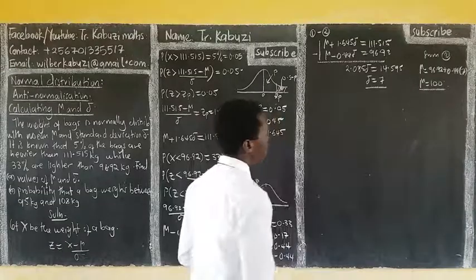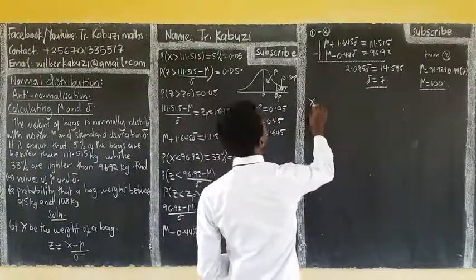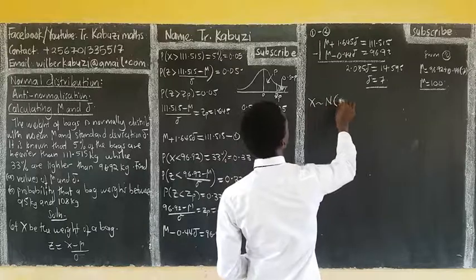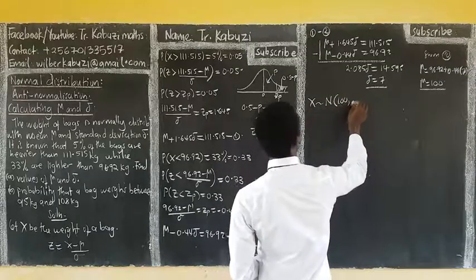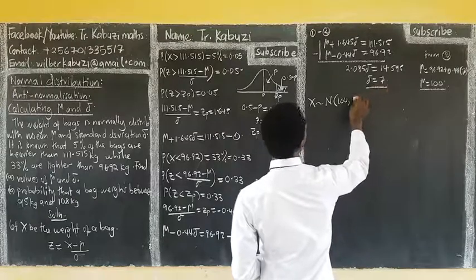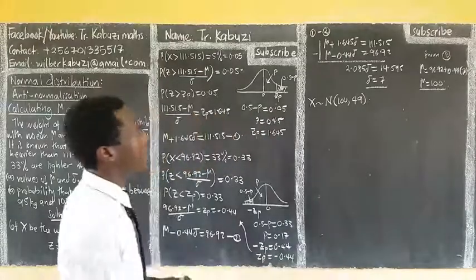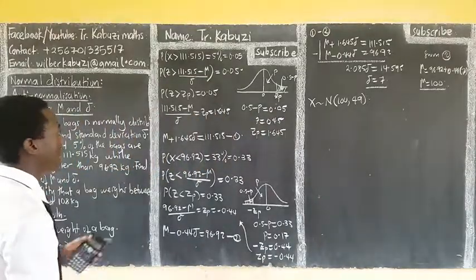Okay, now from there, what happens after? This was a normal distribution with mean 100, then variance. When you square the standard deviation, you get 49. So that's how we handle that.